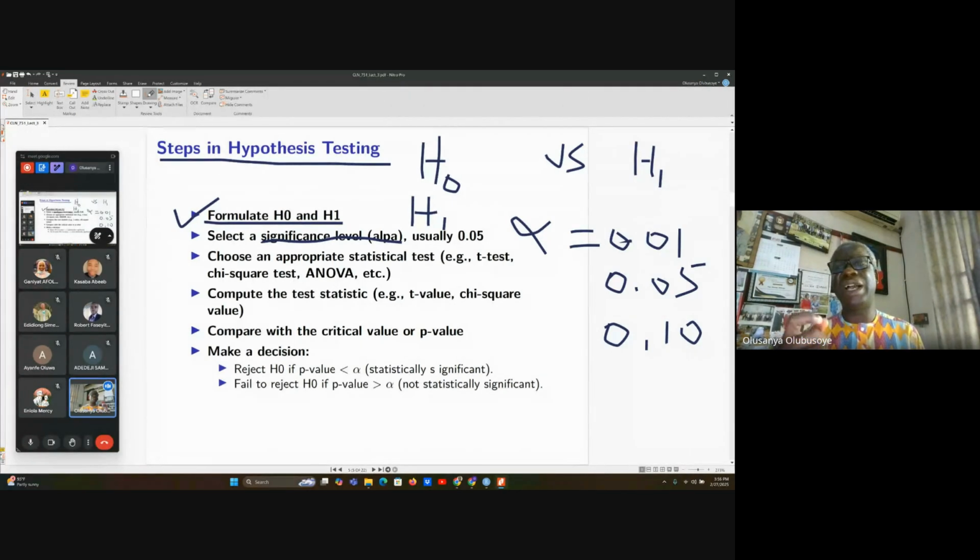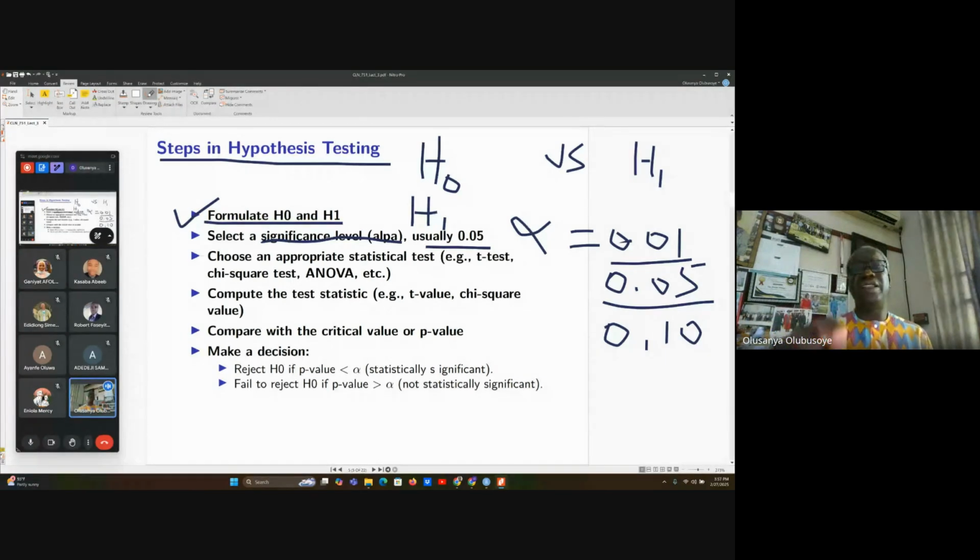So that's why I say it is the level of doubt that you are willing to accept, to tolerate, as far as your decision on the null hypothesis is concerned. So it's usually a very small value, but in social sciences, in arts like your own, you can always stick to 0.05 as your significance level.